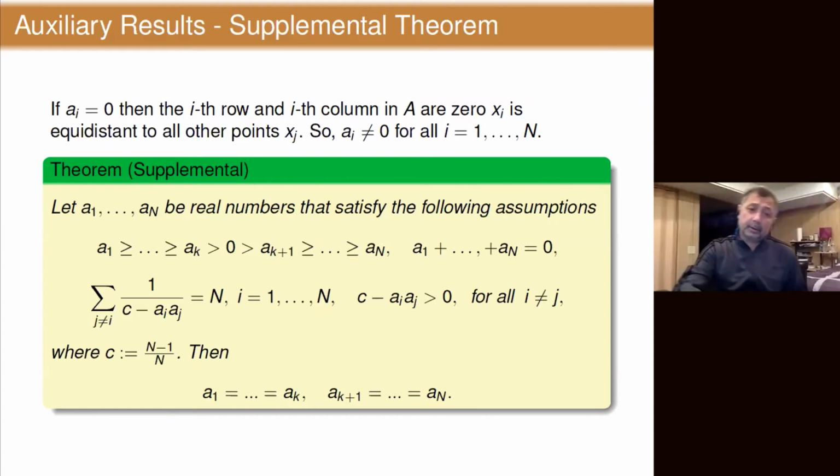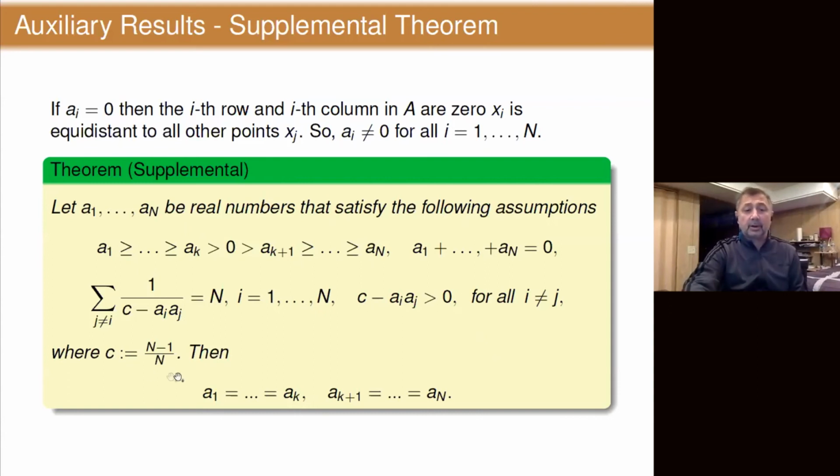And by ordering these, from a_1 down to a_k being the positive ones, and the negative ones being from a_(k+1) to a_n, we get the following. This is a supplemental theorem: let a_1 through a_n be real numbers that satisfy these assumptions, that the sum of 1 over c − a_ij is n, and c − a_ij is greater than 0, where c is (n − 1)/n.